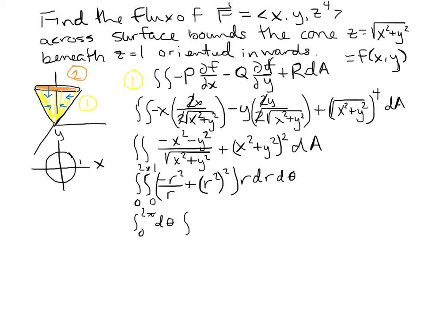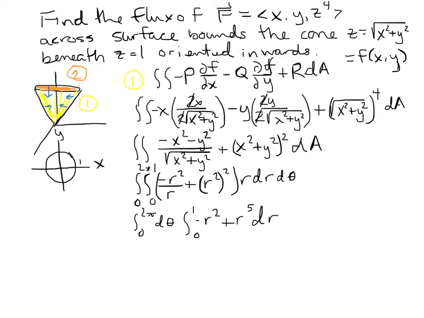I've got r's and thetas separated, and I've got constants in my integrals, so in the bounds of my integrals, I can separate these. Integral from 0 to 1 of, so here if I divide by r, I've got an r and multiply by another r, so that would be a negative r squared. And then plus, I've got r to the fourth times r, so that is r to the fifth, and I still have to integrate it.